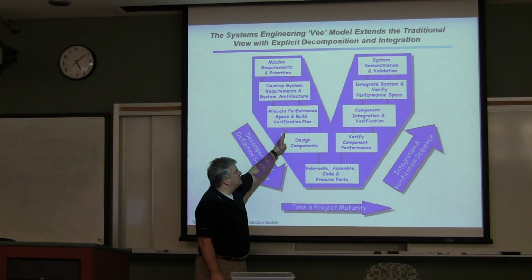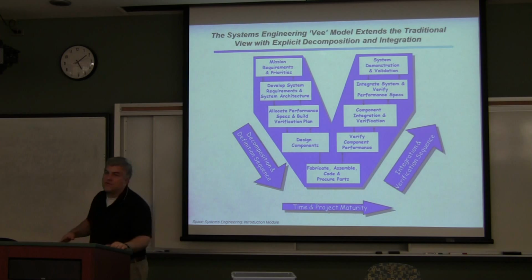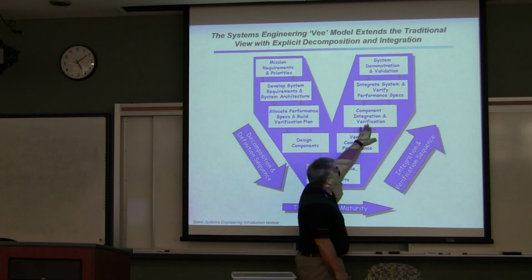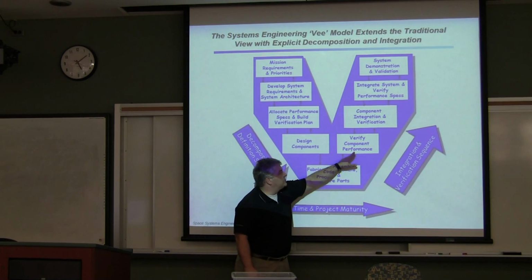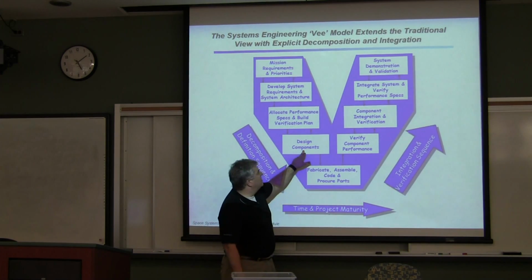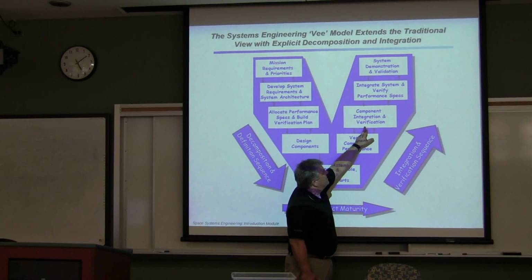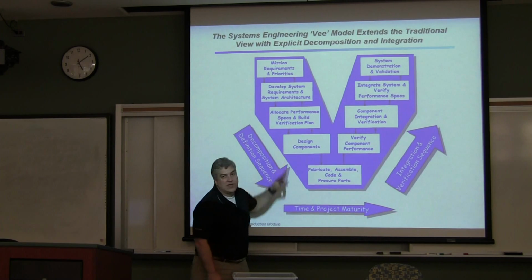You allocate and specify, design each individual component, and then, of course, in the end, fabricate. And then going back up the V design, you worry about validating the individual components that you design. You're integrating and verifying the performance specs and build verification.